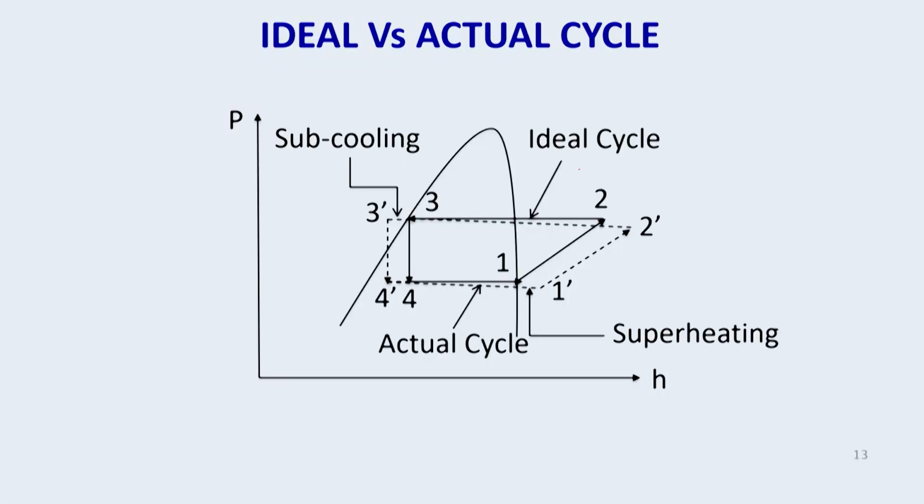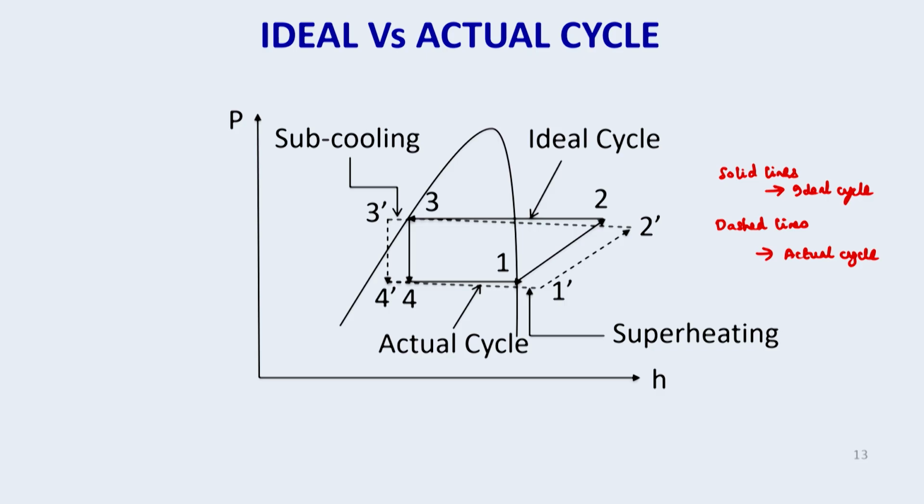The solid line represents the ideal cycle, and the dashed line represents the actual cycle.